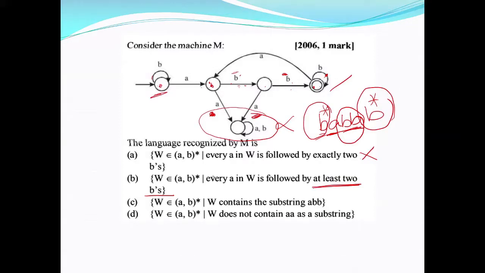So this option is going to be correct for me, because every a in w is followed by at least 2 b's. Once 2 b's are there, you accept. You get one more a, once again I have to check for 2 b's. And this is how you have to do it. Otherwise, you can simplify the regular expression, but that is going to be cumbersome. Most of the time you can give your answer by observation.